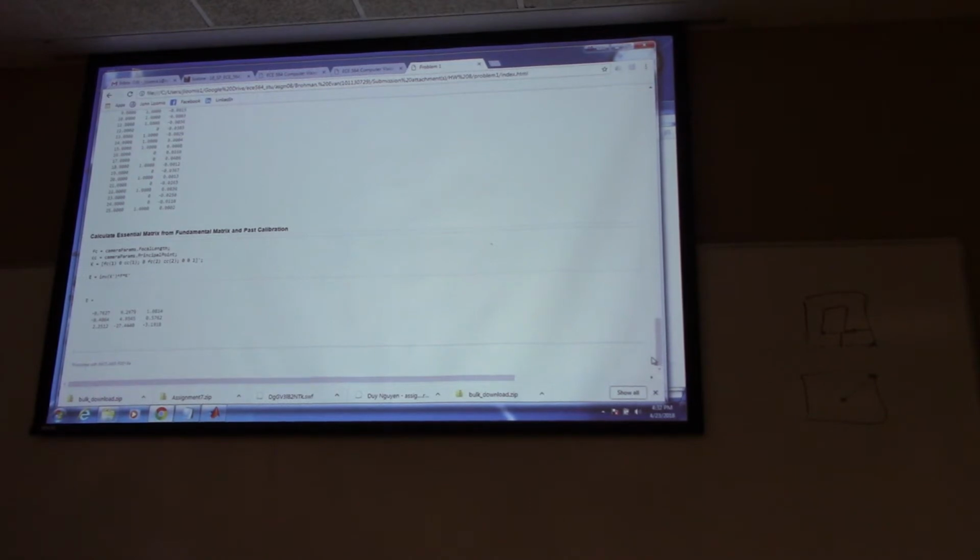And then we extract the camera intrinsic matrix, and from there we calculate the essential matrix. And to test that we got it right, we would use the control points themselves as a test, but that's all right.